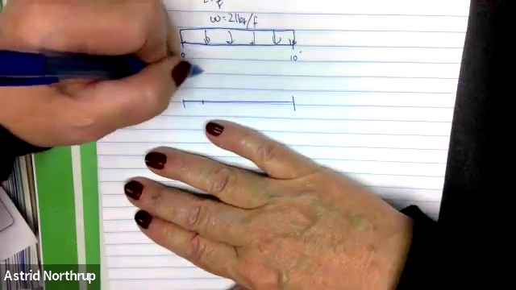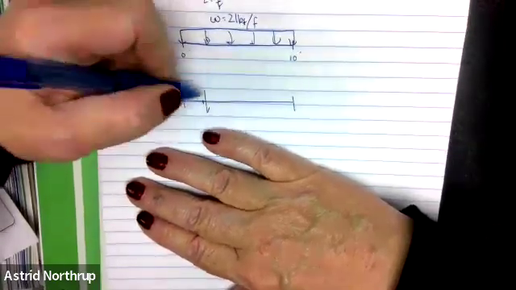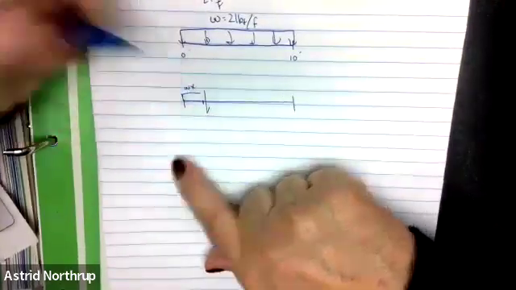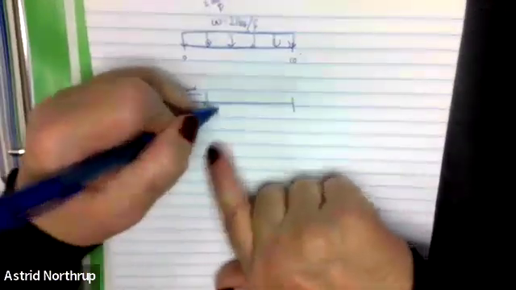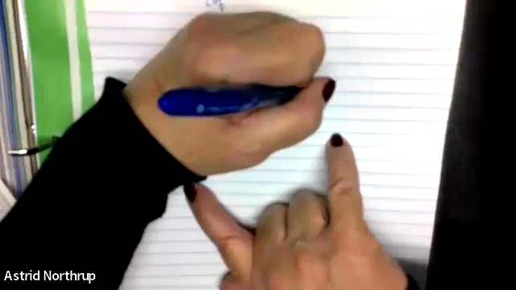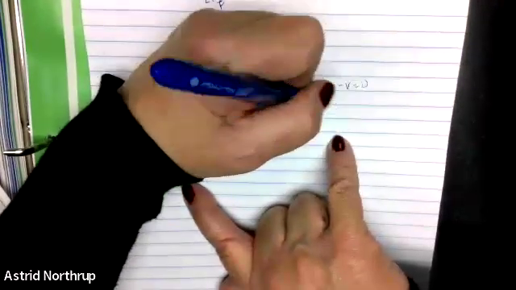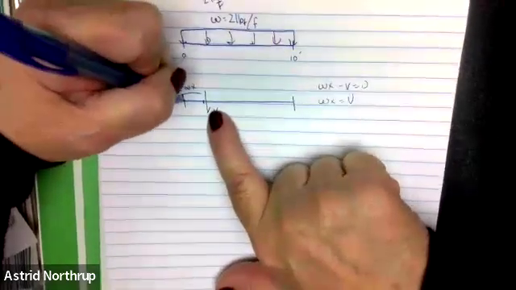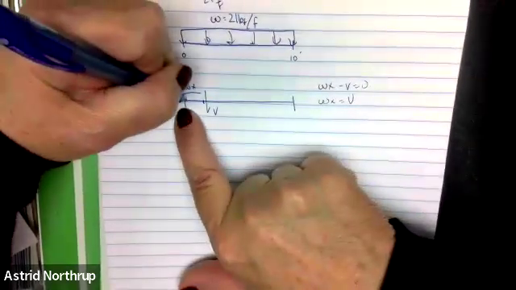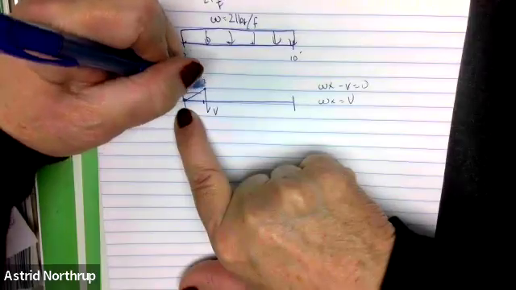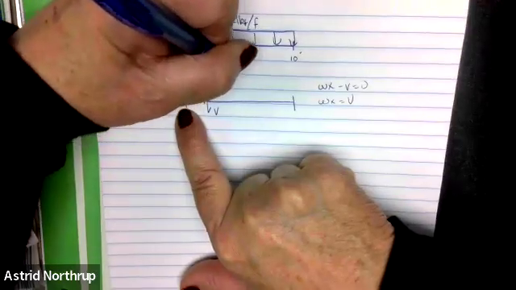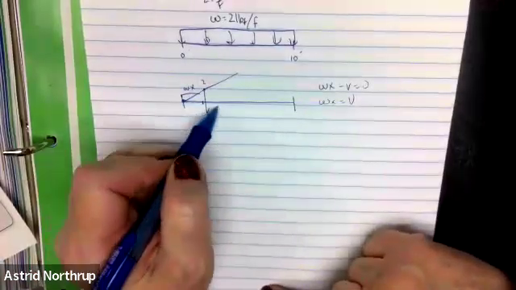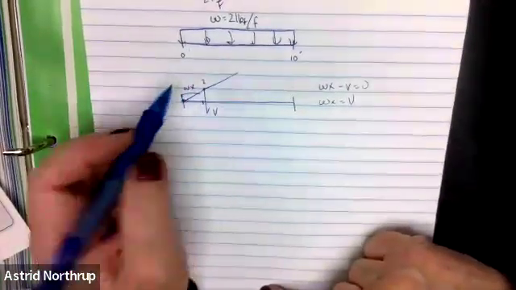So you know that your responsive load here, so you would have your W times X right here, and then V. So you would get WX minus V equals 0, or WX equals V. So what that means is here, X is 0. Here, we go to 2, and we would continue going up, right? Yeah, and so that was how you would build up this load curve.